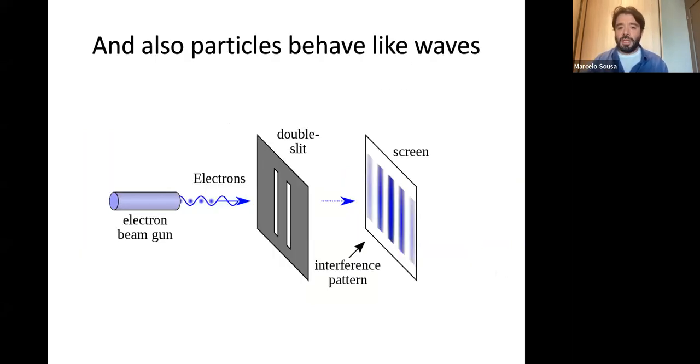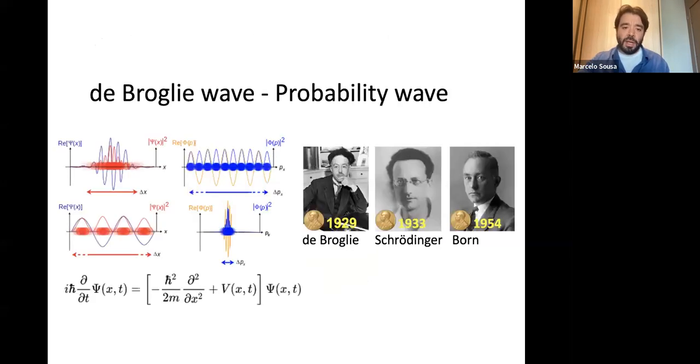Also very interesting is that particles, for example, electrons, can interact and interfere with themselves like waves, showing the interference pattern, and it was proposed by De Broglie.